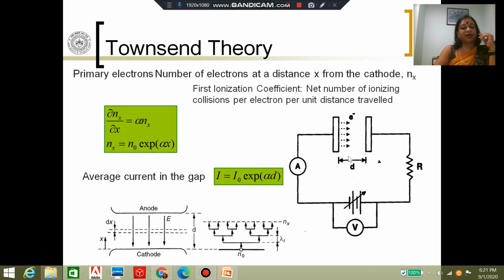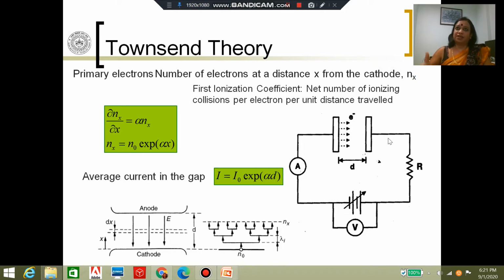Now, when I apply the external electric field E, these electrons will be accelerated by the external applied electric field and they will move towards the anode. As they move towards the anode, they will collide with the neutral gas molecules and will cause ionization, resulting in the production of another electron and a positive ion.